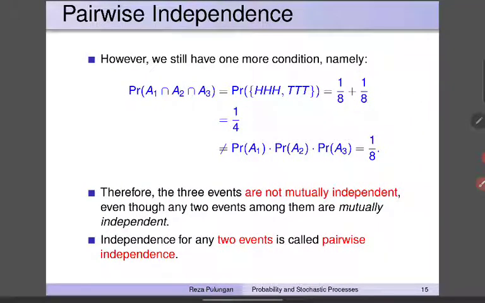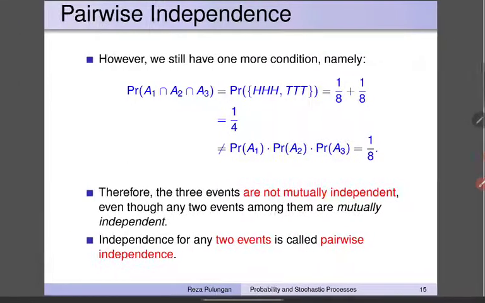However, we still have one more condition, namely the intersection of the three events. Now, the probability of A1 intersection A2 intersection A3. If you see the intersection of the three of them, it is this set.